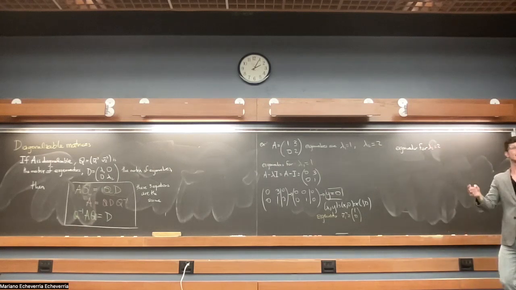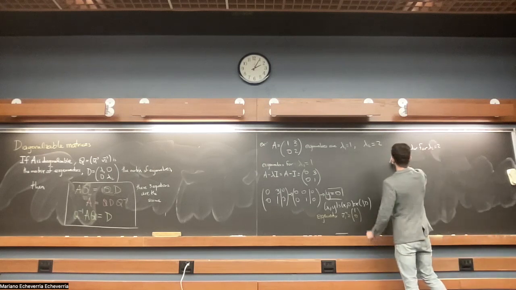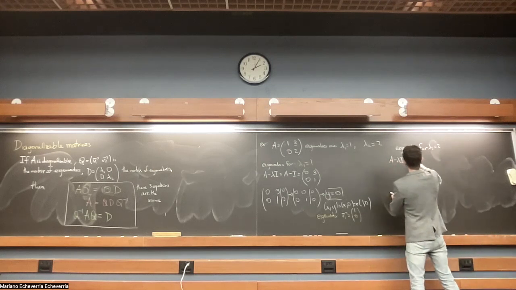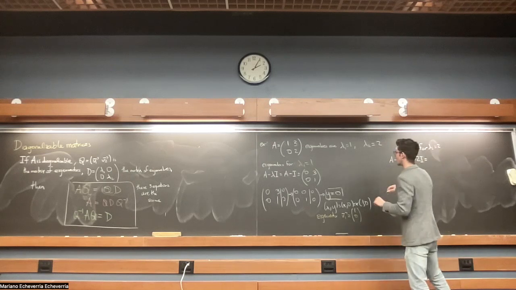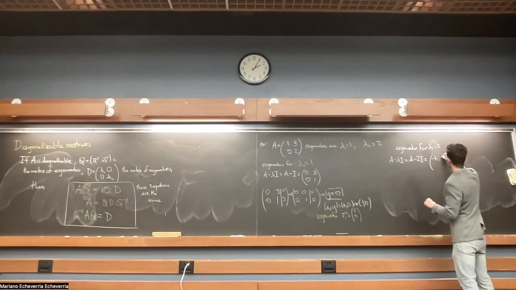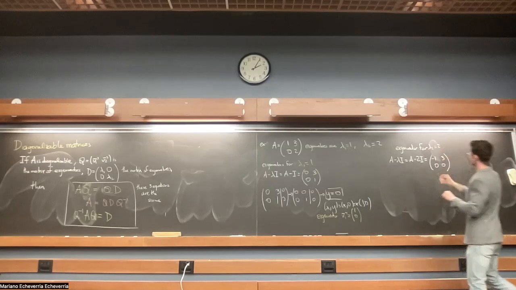So now you look at A minus lambda I, which is now A minus 2 times the identity, right? Because the eigenvalue is 2. So when you do that, you get negative 1, 3, 0, 0.